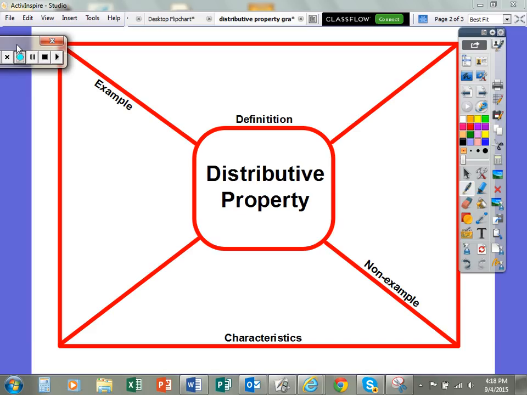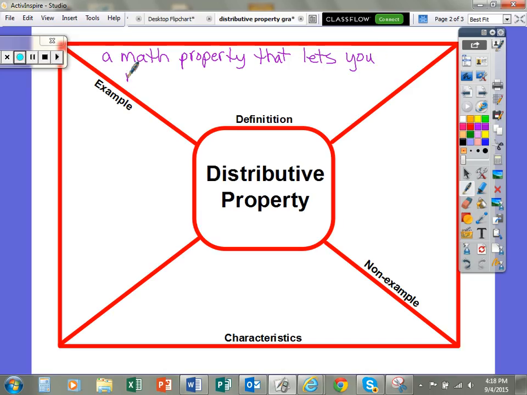The definition says that distributive property is a math property that lets you multiply each add-in separately and then add the products.